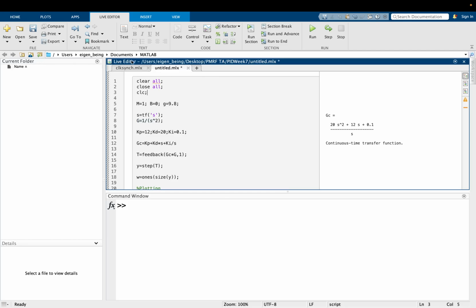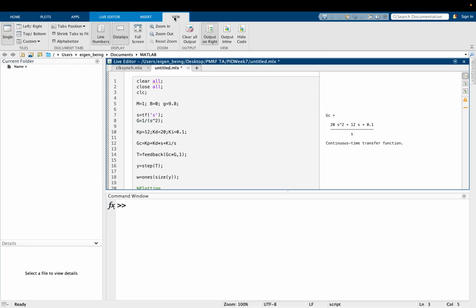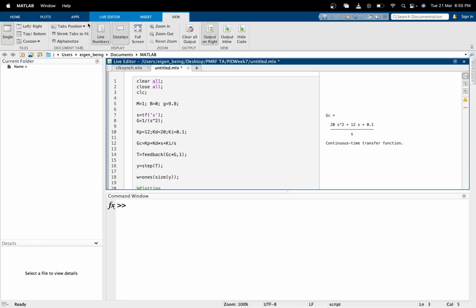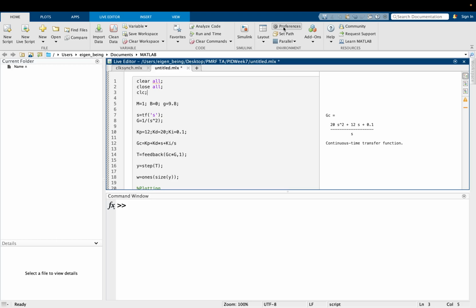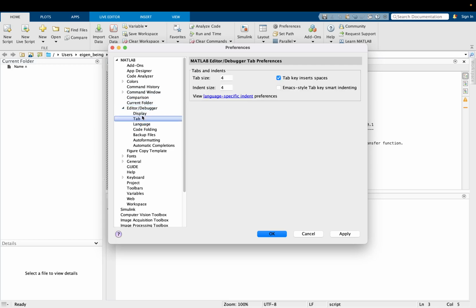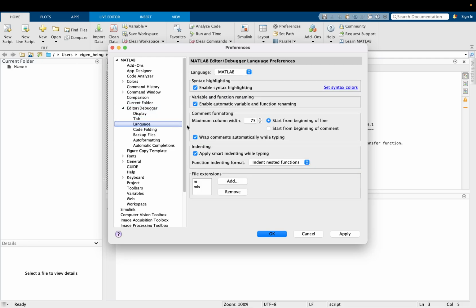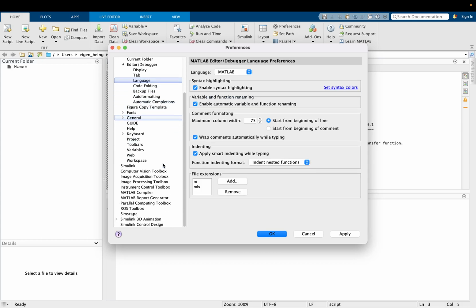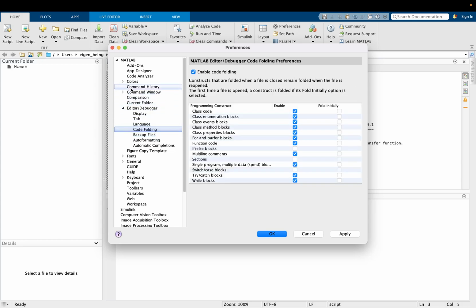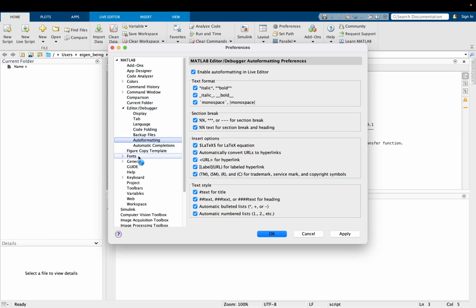I'll just change the settings so that the font size is better. Home, preferences, font. Okay. Where do I put the font size? Just a second, I'll just change the font size. Fonts, cool.